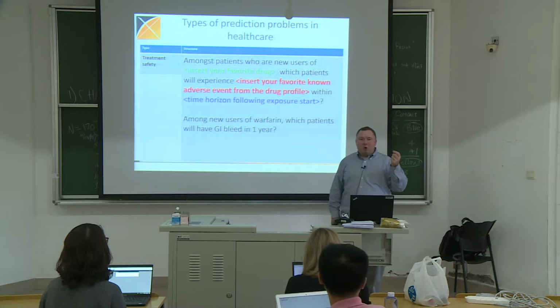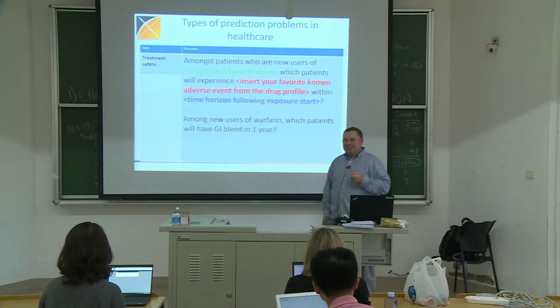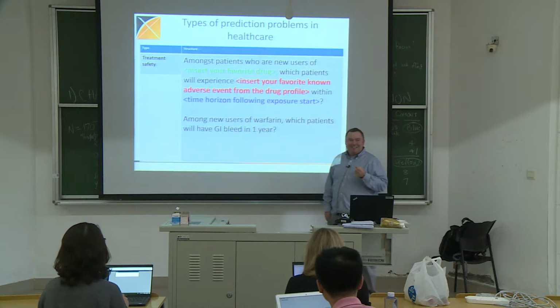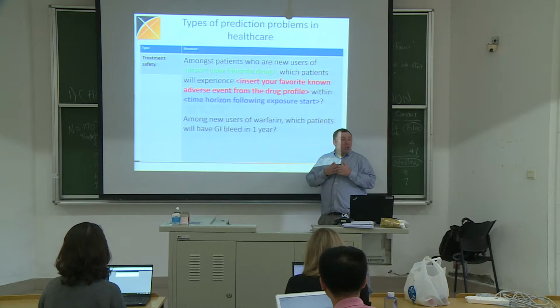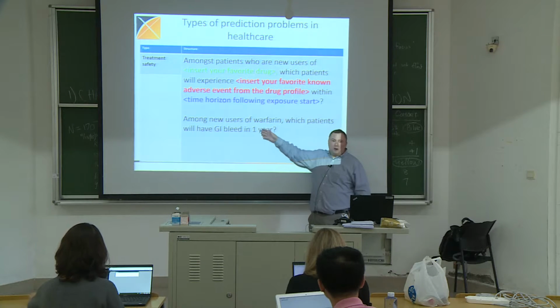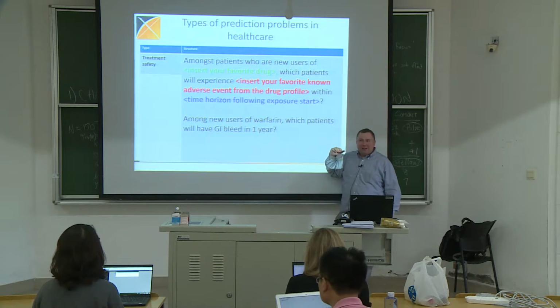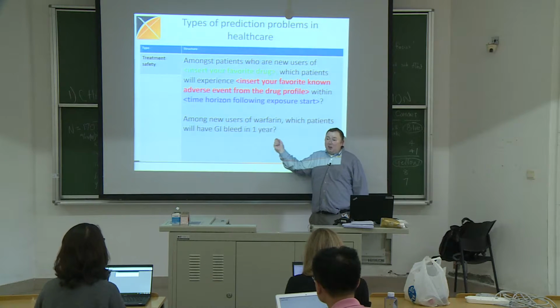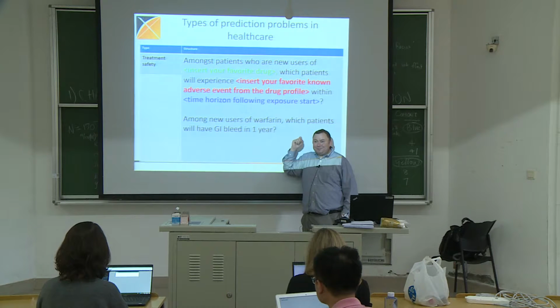I think it's much more important to patients to know what's the chance that the risk is going to happen to me. And even if we don't know whether warfarin causes bleeding, if I have a high risk of bleeds, that's all I really care about as a patient.